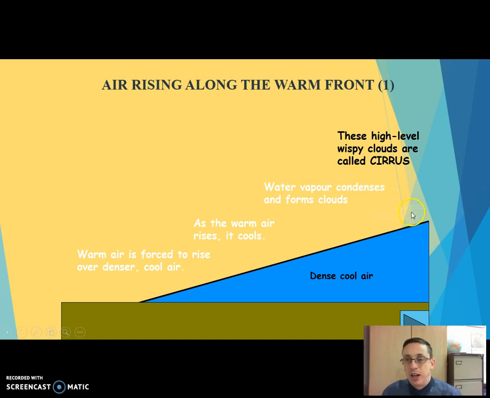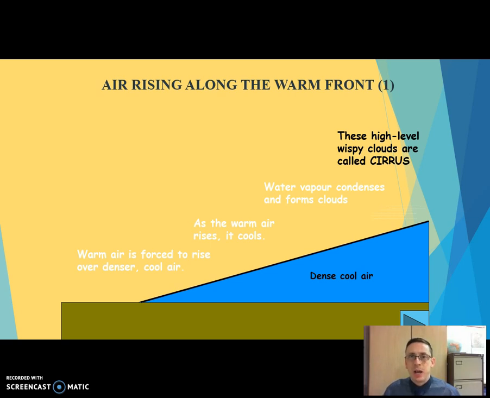In here you can maybe very faintly see some dashes, and that's meant to indicate these clouds. It's also worth saying that the background has changed to a slightly yellowish colour, just to make these animations a little more visible. That's what happens to the air as we move along the warm front.